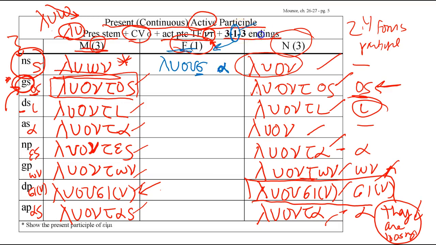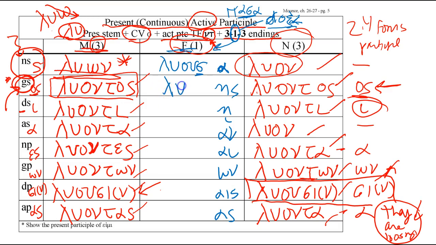So remember doxa? Doxa is glory. That's going to be a good example of the first declension nouns. Or again, pasa, because pasa has a sigma there, for the 3-1-3 adjective. So let's remember pasa. So pasa, pasēs, pasē with iota subscript, pasan, pasai, pasōn, pasais, pasas. Those are the endings. So you attach this stem to it.